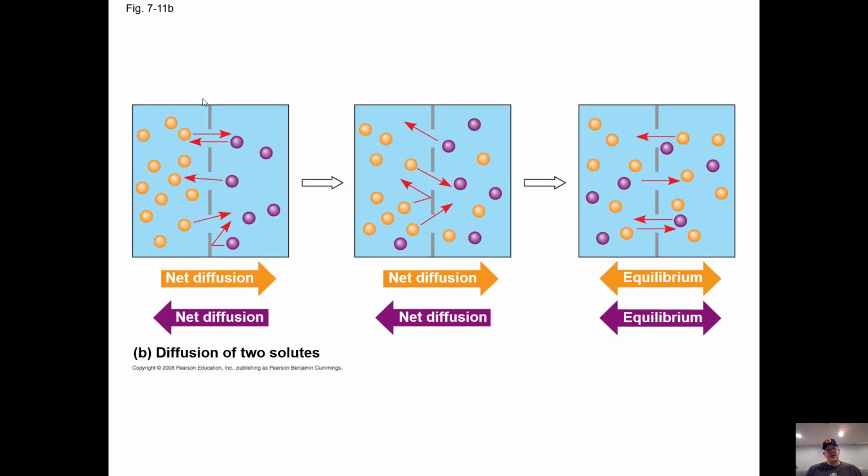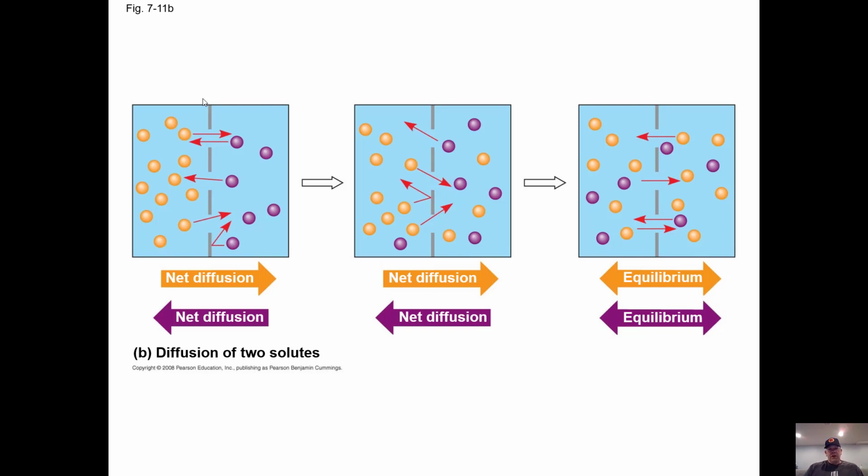So here we have an instance where materials are going from the left to the right, like the previous example. And then we have another dye on the right. It starts at a high concentration, and then it ends up moving from right to left, still through the same kind of random movement of molecules.